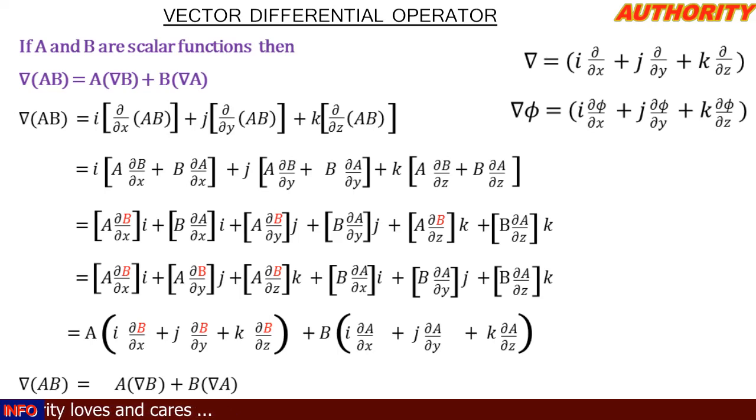Looking at the second bracket again, we see that this is the partial derivative of A with respect to x, y, z on i, j, k components. So here we say that this is B gradient of A. That means we just found out that this is A, the gradient of B, plus B, the gradient of A. Therefore, hence the proof. We have the gradient of AB is equal to A, the gradient of B, plus B, the gradient of A.